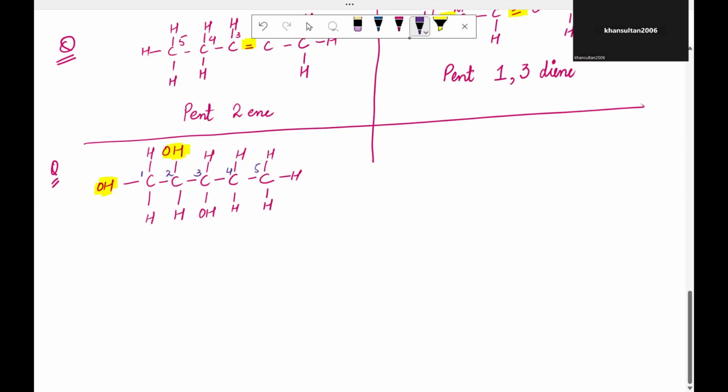There are five carbon atoms, so it becomes pent. The OH group is present at the first carbon and at the second carbon. So it would become pent-1,2-diol. Ol is basically the suffix for alcohol. So we are going to write it as pent-1,2-diol.